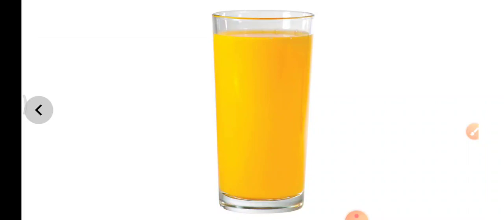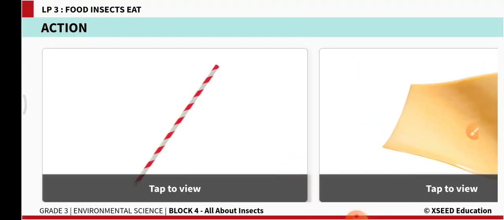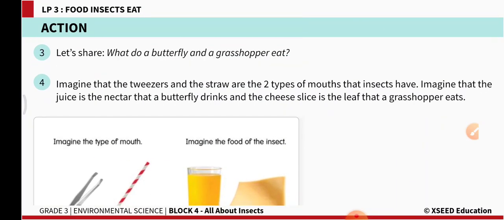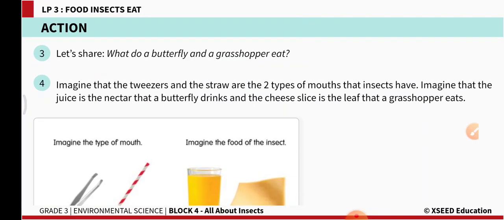Now let us learn more. So what should we do? What do butterfly and grasshopper eat? Think about it. We all know that the butterfly sucks the nectar from flowers.